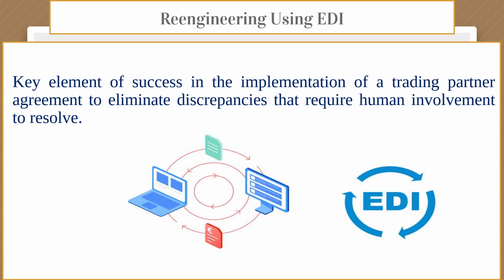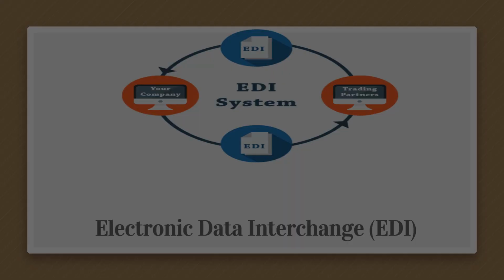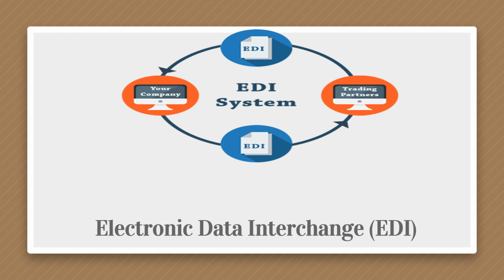The key element of success in implementing a trading partner agreement is to eliminate discrepancies that require human involvement to resolve. Electronic data interchange means we ensure the interchange of data digitally between the business partners, the customers or suppliers, with the company.